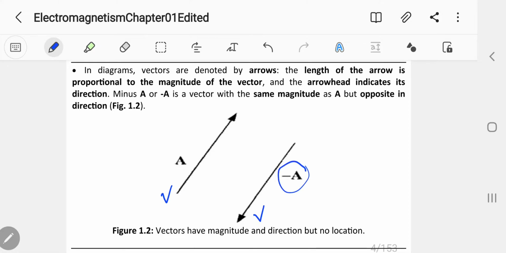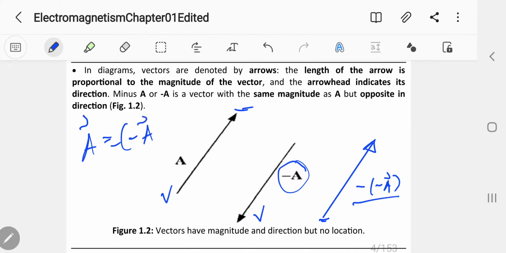So how do you get the opposite direction of this? You can just multiply by another negative. So if you want to get a vector, this is negative of negative A. But this vector is just the same as the original vector. Therefore A is equal to negative of negative A. It's like ordinary numbers, where you are changing the direction twice.